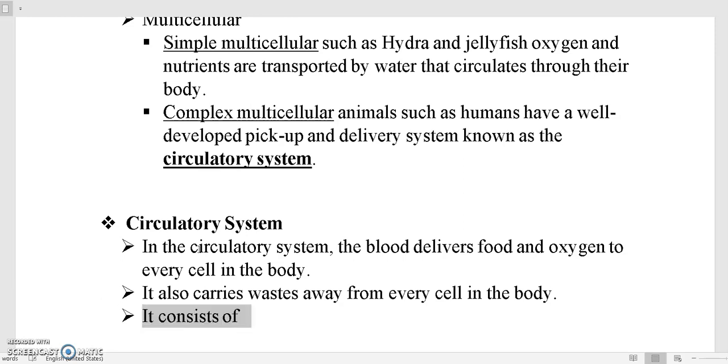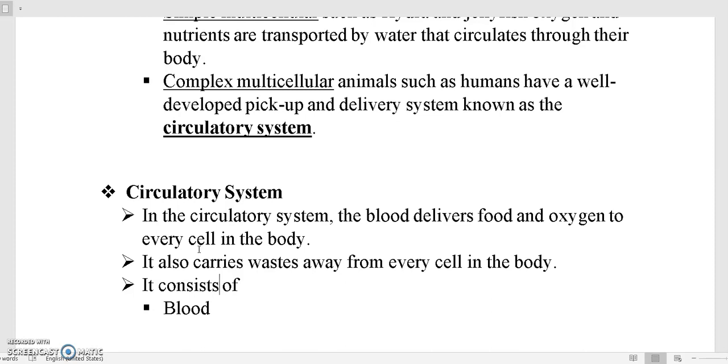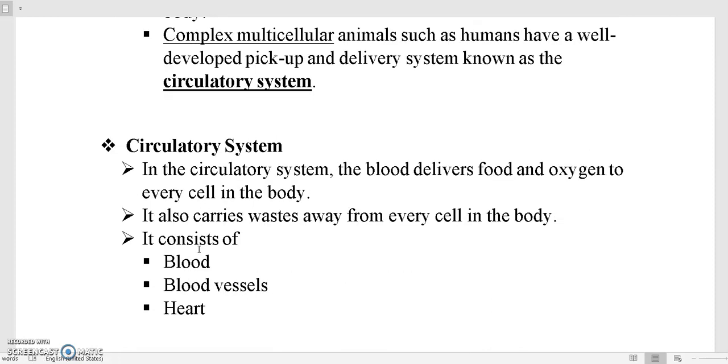And this circulatory system consists of blood, blood vessels, and heart. So in our circulatory system, blood delivers food and oxygen, and blood carries waste away from the cell, okay? And our circulatory system consists of basically blood.